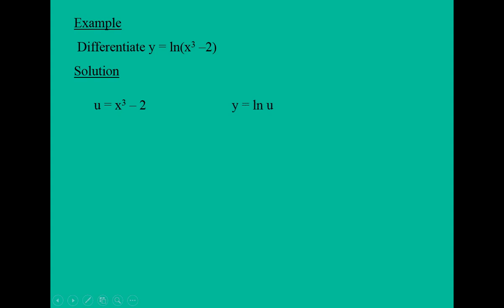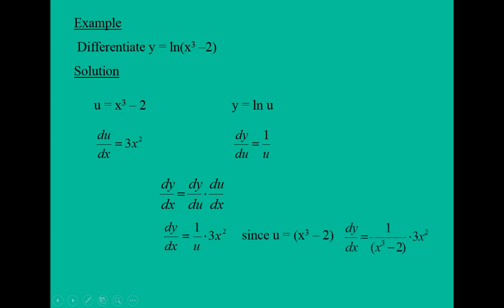So the outside function in terms of u would be ln of u. Now we just take the derivative of each one of these and then multiply them together. And we want this to be a function of x, and we defined u to be x cubed minus 2. So we would get our derivative.